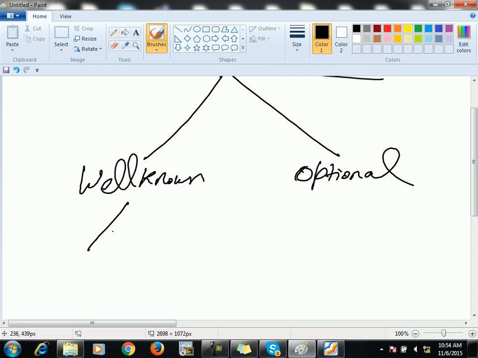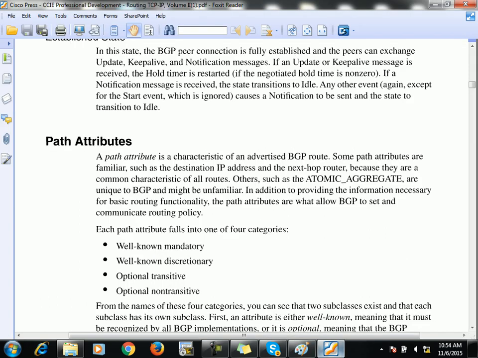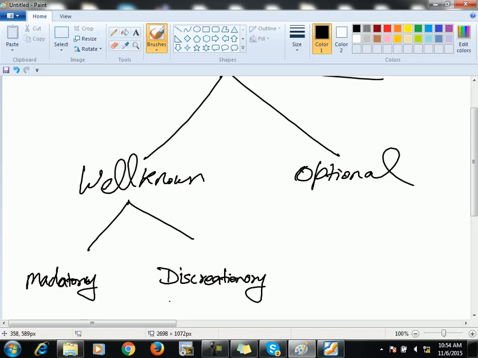Under well known again, we have two categories: well known mandatory and well known discretionary, right? Under optional, transitive, and of course non-transitive.